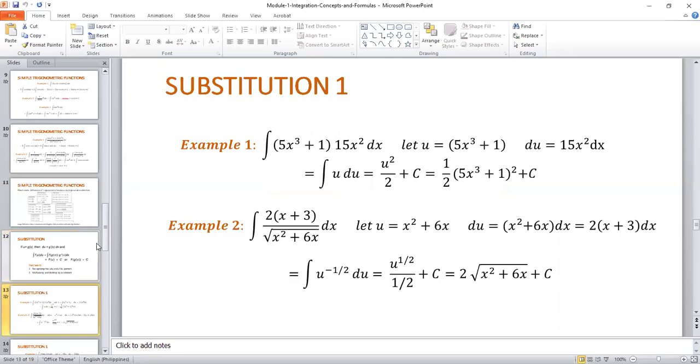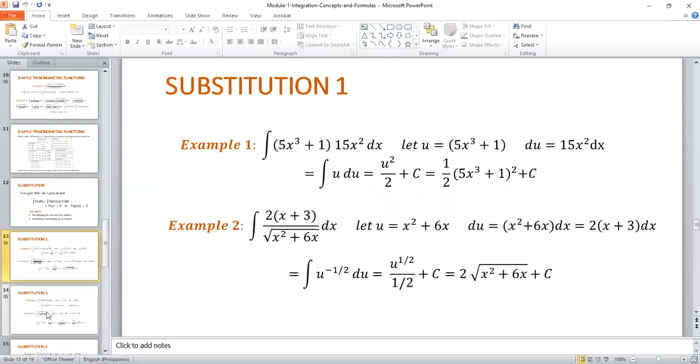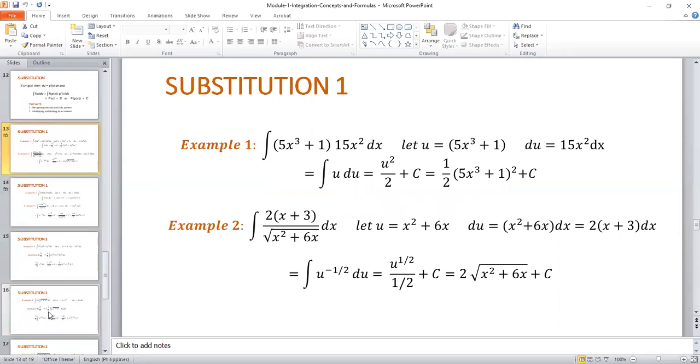Let me see if I have placed it in here. Here, 15x cubed plus 1 times 5x cubed plus 1 times 15x squared dx. This is really one given integral.